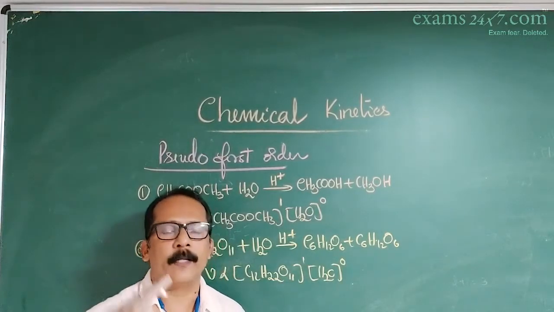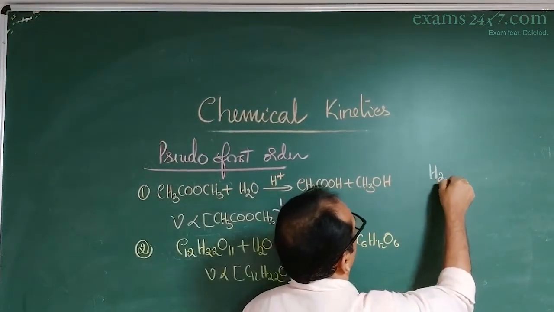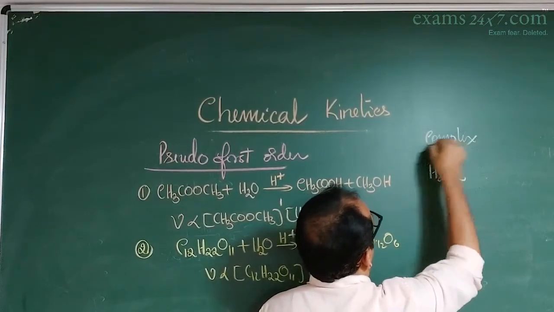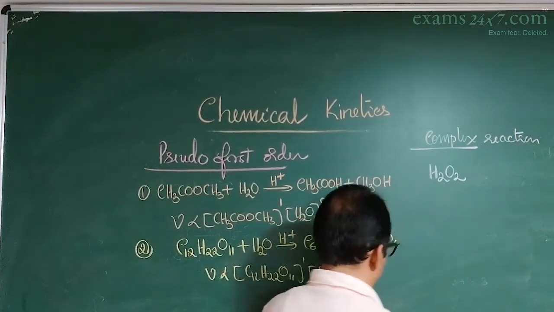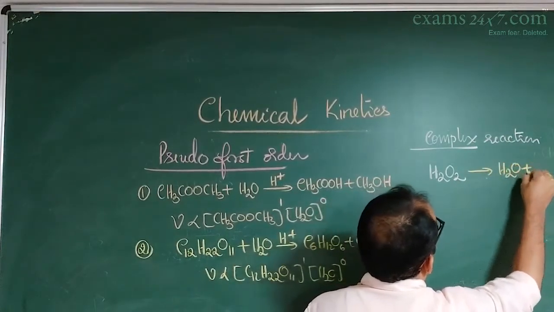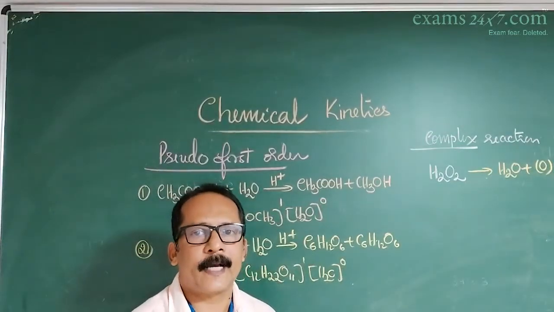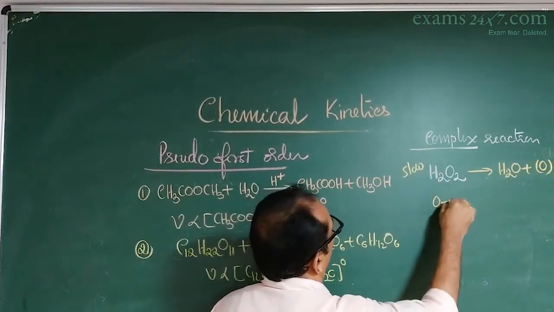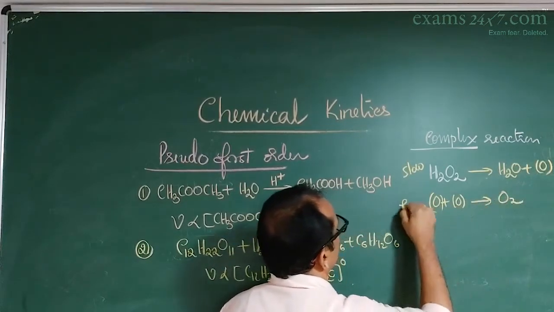A complex reaction is one which takes place in more than one step. An elementary reaction is one which takes place in a single step. In complex reactions like dissociation of hydrogen peroxide, in the first step, hydrogen peroxide dissociates to give water and nascent oxygen. Dissociation takes time, therefore this step is the slow step. After the formation of nascent oxygen, it reacts to give O2, this is the fast step.